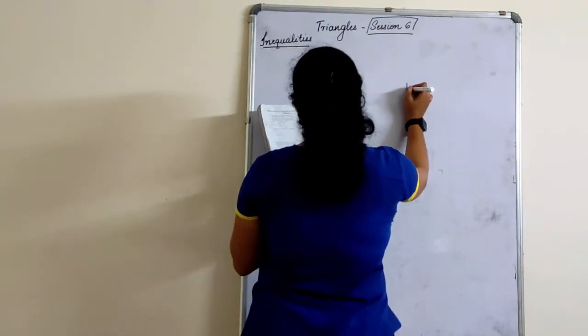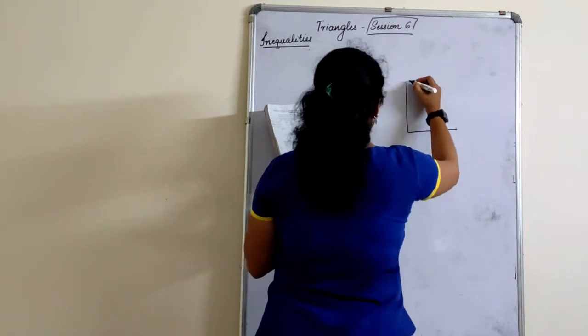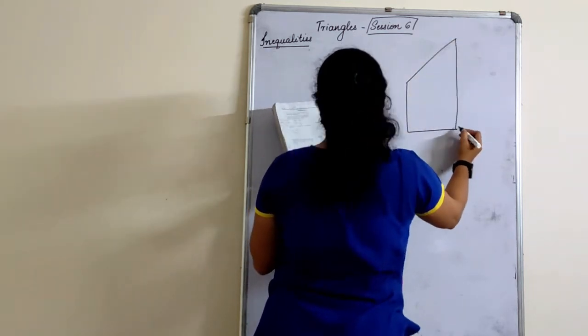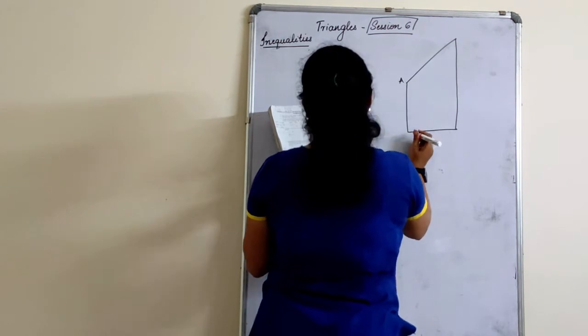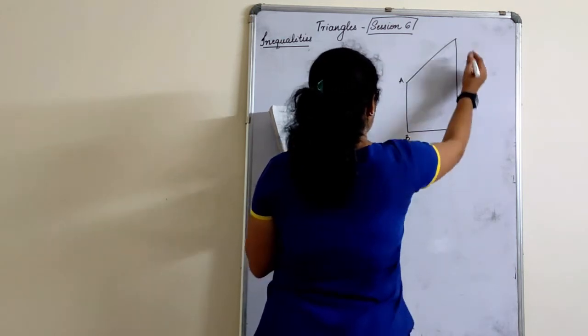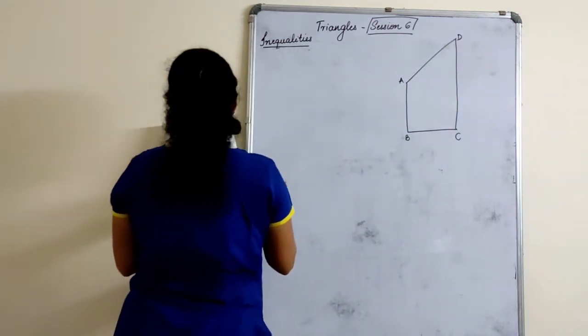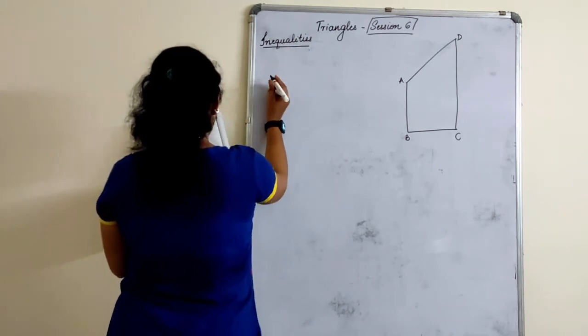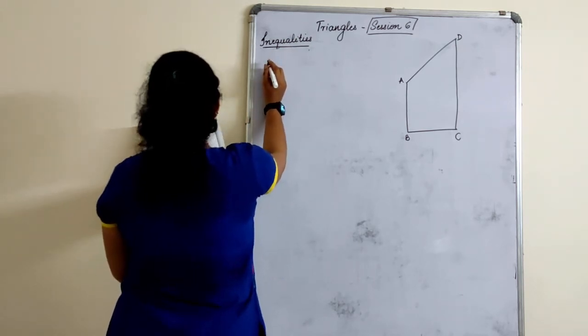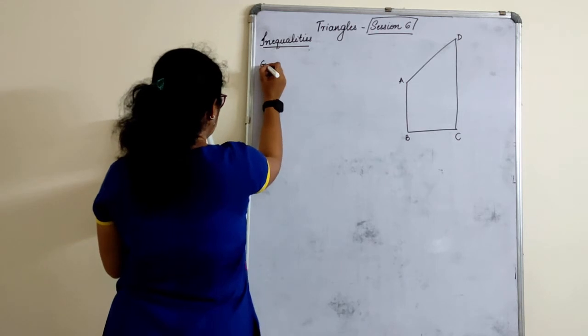So they have given a kind of a trapezium. So this is A, B, C and D. AB and CD, so can I tell, it's not mentioned as a trapezium, it is a quadrilateral.